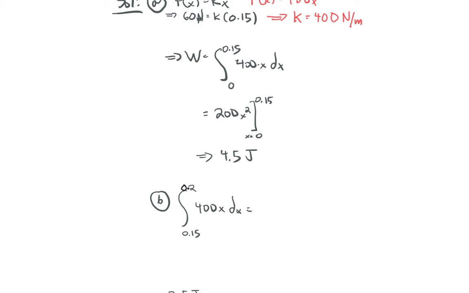And we already know the antiderivative to this. We don't need to do the work again. That's 200x squared, which we're going to evaluate from 0.15 to 0.2. And if we do so, we indeed get that we have done 3.5 joules of work.